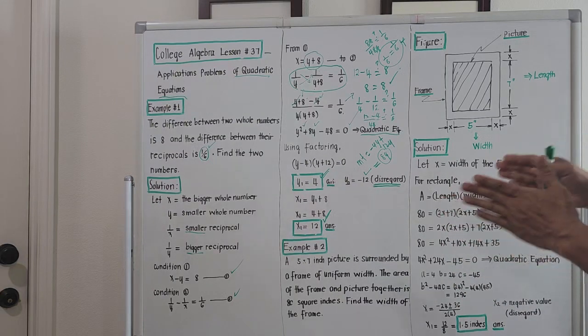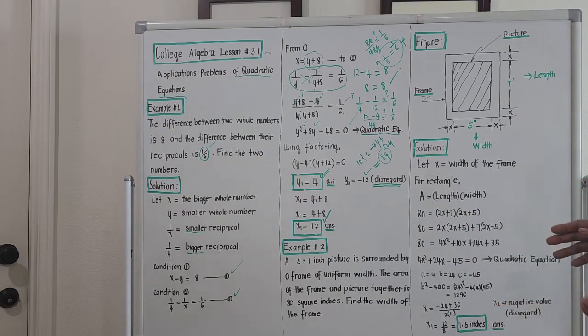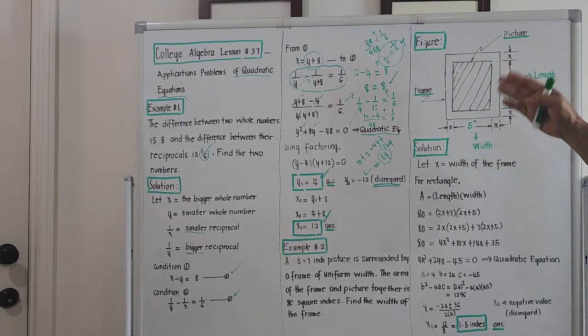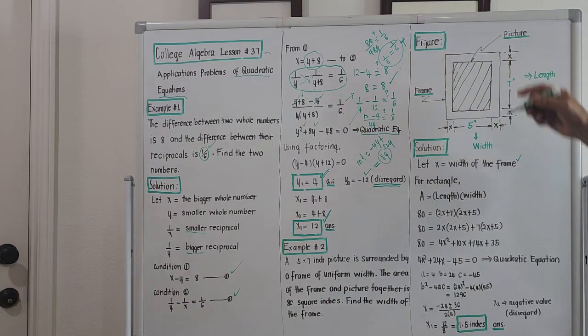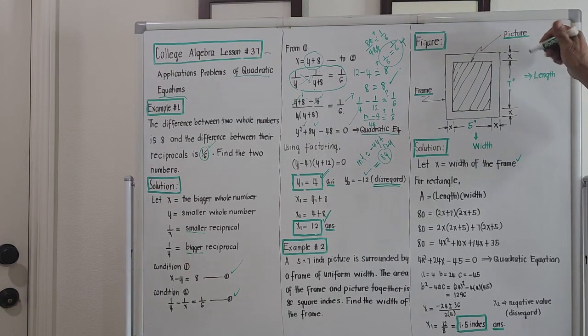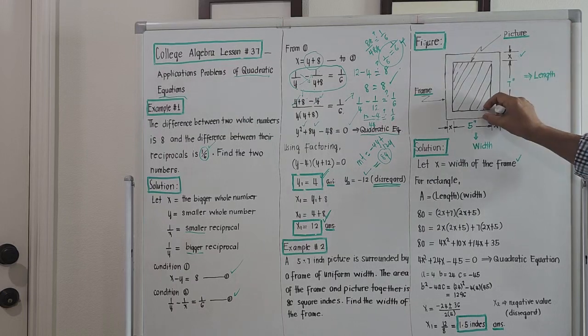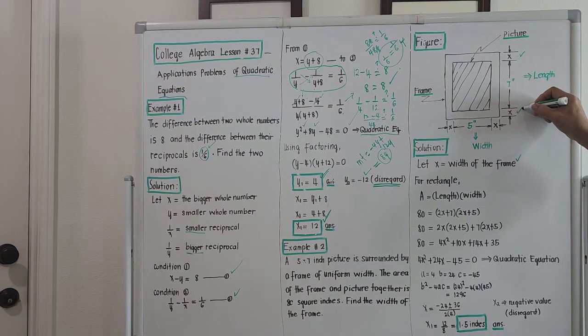So if we try to designate the width of the frame, we let x be equal to the width of the frame, right? Then we just go back to our figure. If this is the width, that will be x, right? This is also the width, that will be x.